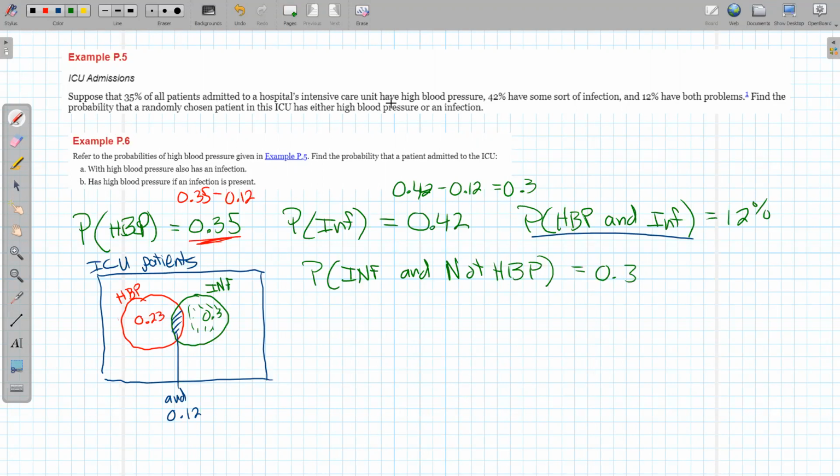Now, the first question asked, what's the probability they have high blood pressure or an infection? An or is usually an addition, but we have to be aware of that overlap. So I want to find the probability that they have an infection or they have high blood pressure. At first glance, I would say 42% of them have an infection, or 35% have high blood pressure, but I just double counted that 12%.